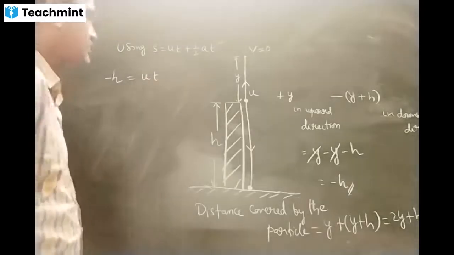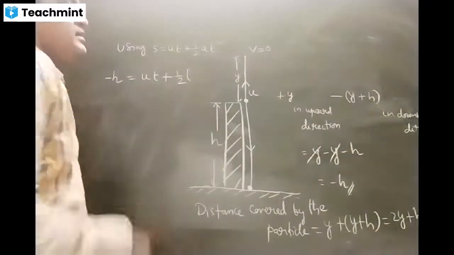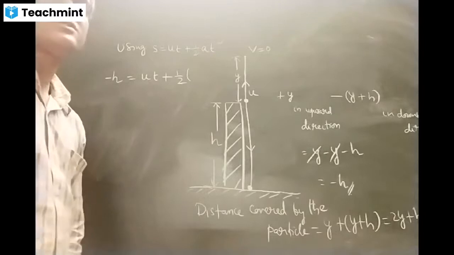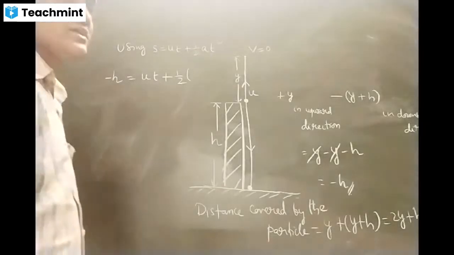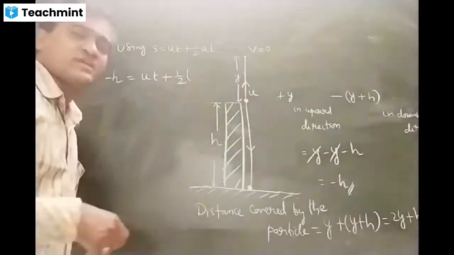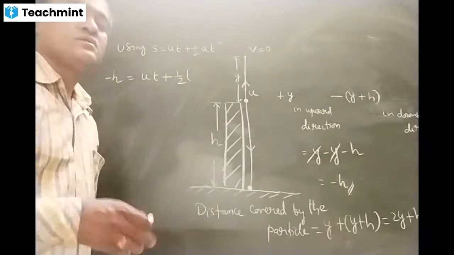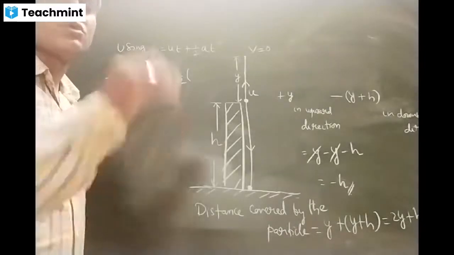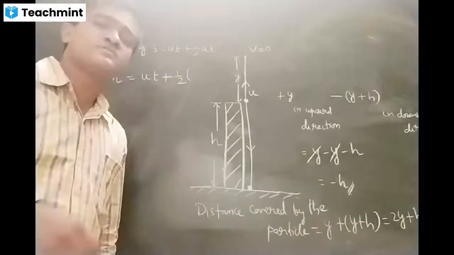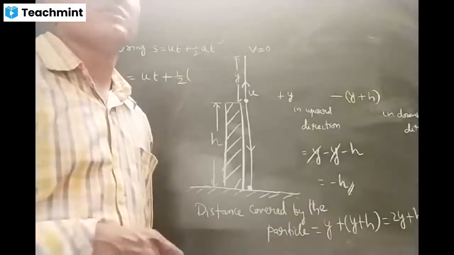And what about a? Acceleration due to gravity, minus g, because acceleration due to gravity acts vertically downwards. G is always taken to be negative, irrespective of how you throw the body. Whether you throw the body vertically downwards or vertically upwards, g is always taken to be negative according to the sign convention.